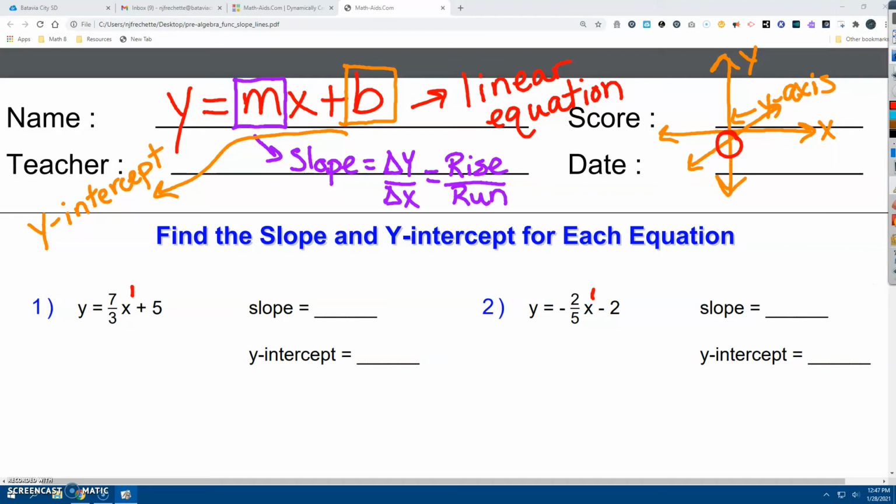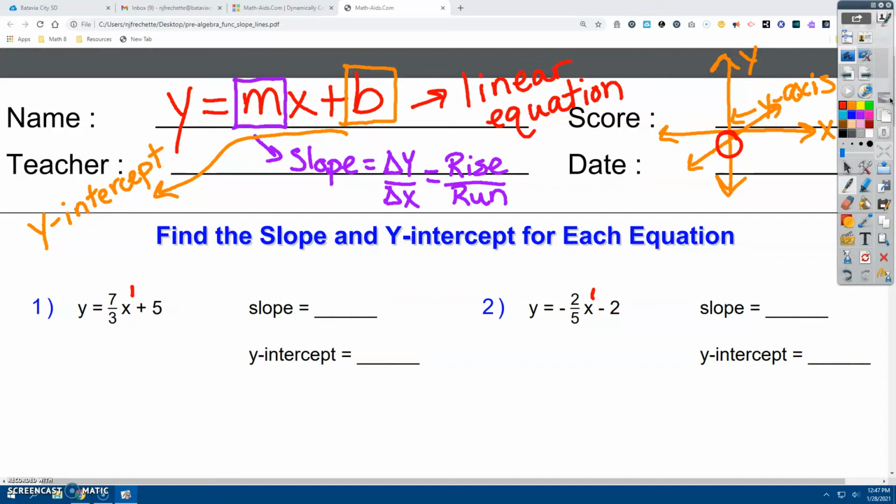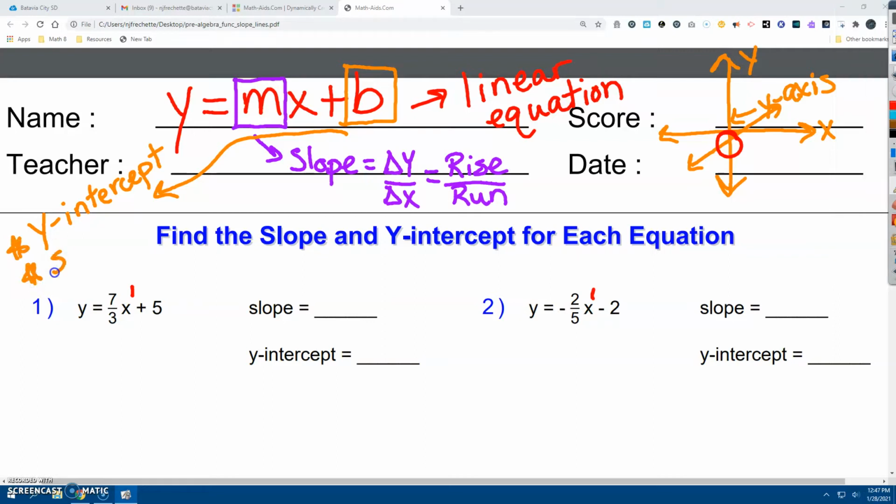I don't know what that point is, but that's where it would be. Okay, so y-intercept, another name for that, would be our starting point. That's where we're going to identify our slope. We're going to go to that starting point, and then we're going to figure out what our slope is from there. Here, we just have to identify two things.